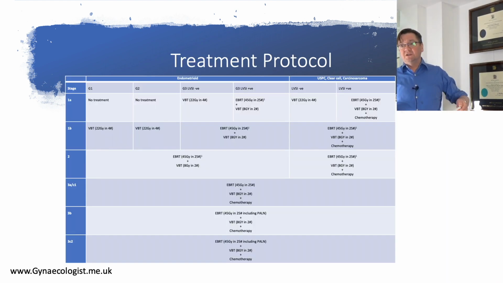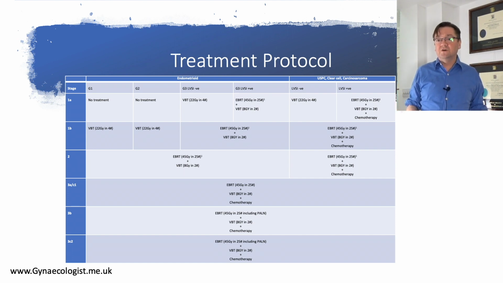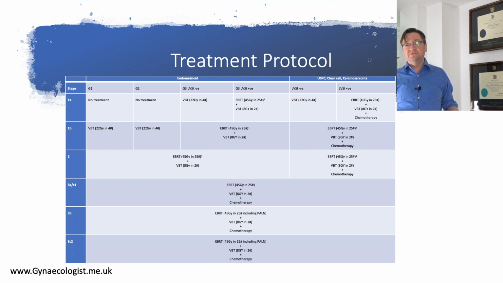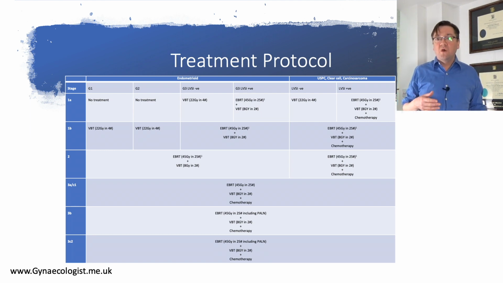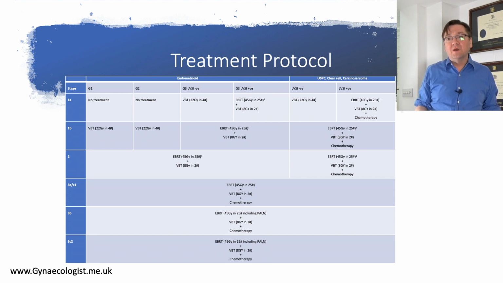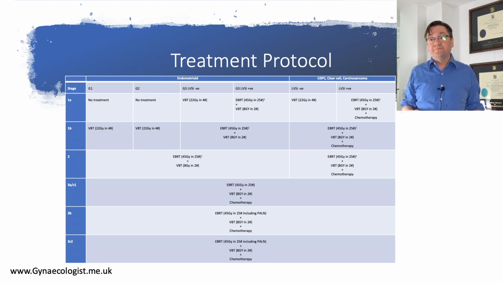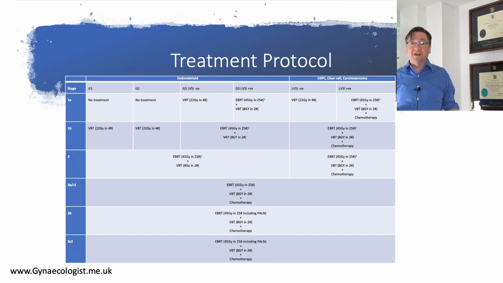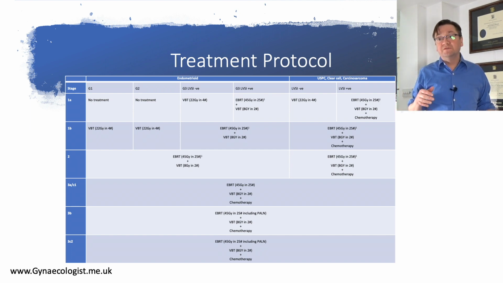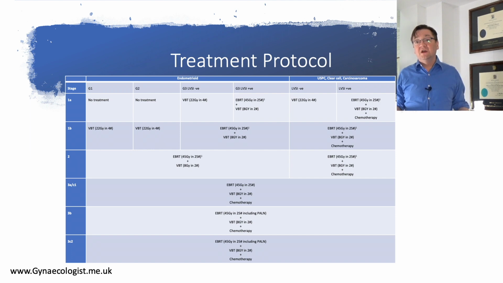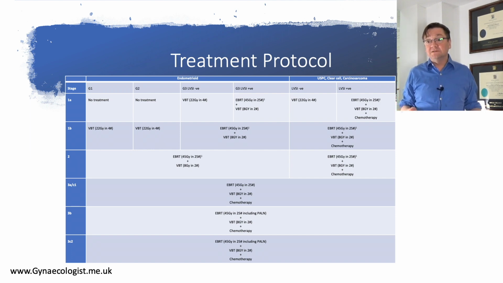So this is just an example of a treatment protocol that we have at the Royal Marsden Hospital. It's on the handout, so you don't need to go into it in great detail, but it just shows when and how we offer adjuvant treatment, whether we offer brachytherapy, for example, with stage 1B disease, when we push in EBRT, and when we give them chemotherapy.